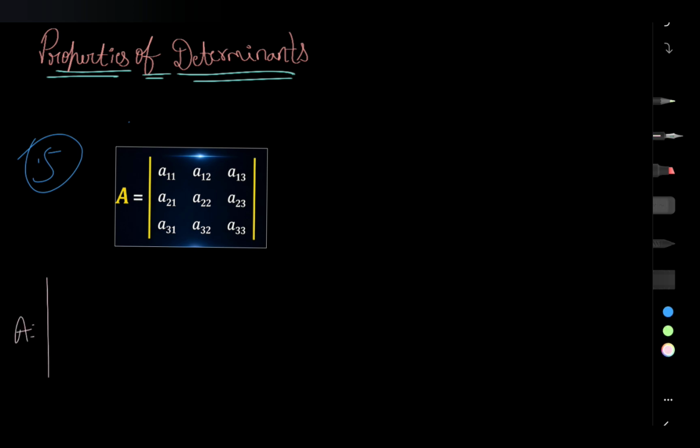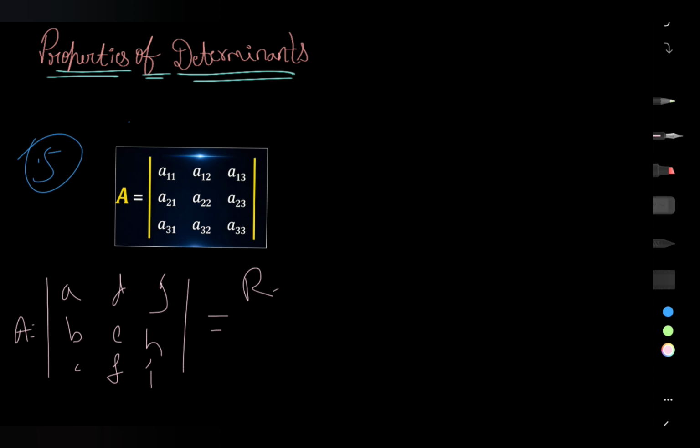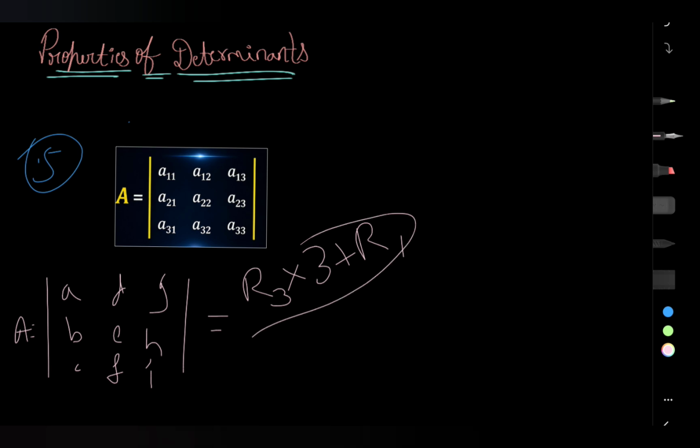If A is equal to the determinant with rows A, B, C, D, E, F, G, H, I, then I can multiply the third row with 3 and add it to the first row, and the determinant will not change.